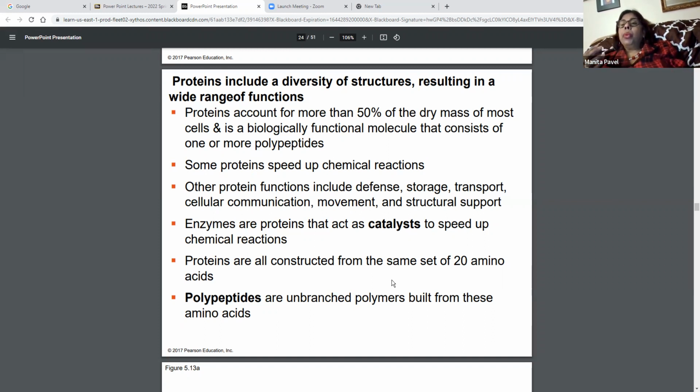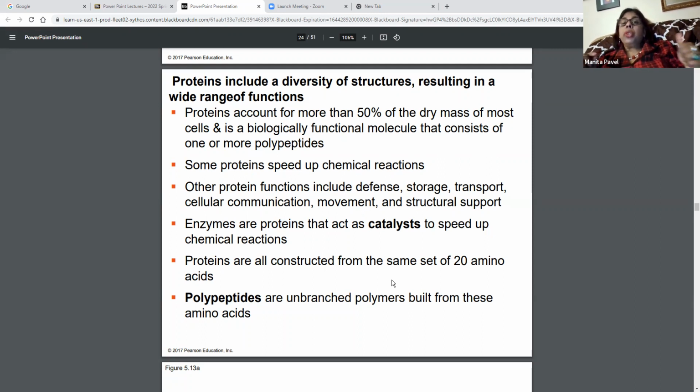Now, what are the functions? In this case, we're going to learn a number of functions. So far, carbohydrates, lipids, and fats are energy storage molecules, right? They provide us with energy and they store the energy in our cells. But proteins perform vital functions in our bodies.